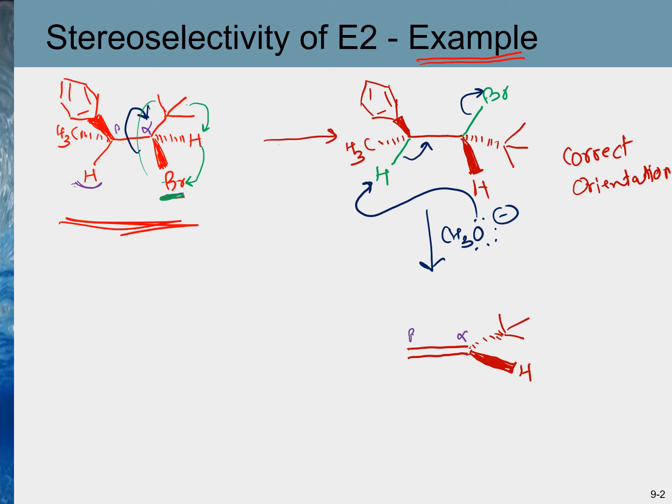So this is the beta position. So the methyl group is going away, and the benzene ring is towards us.